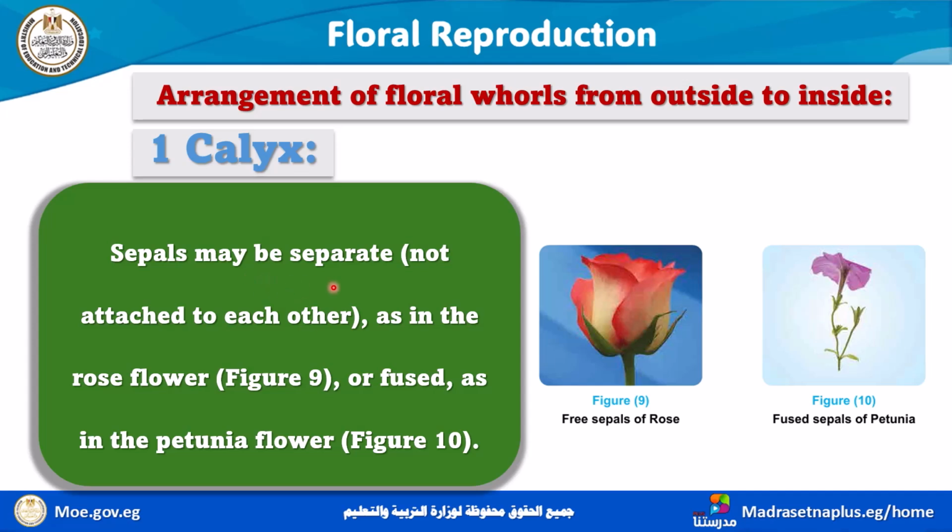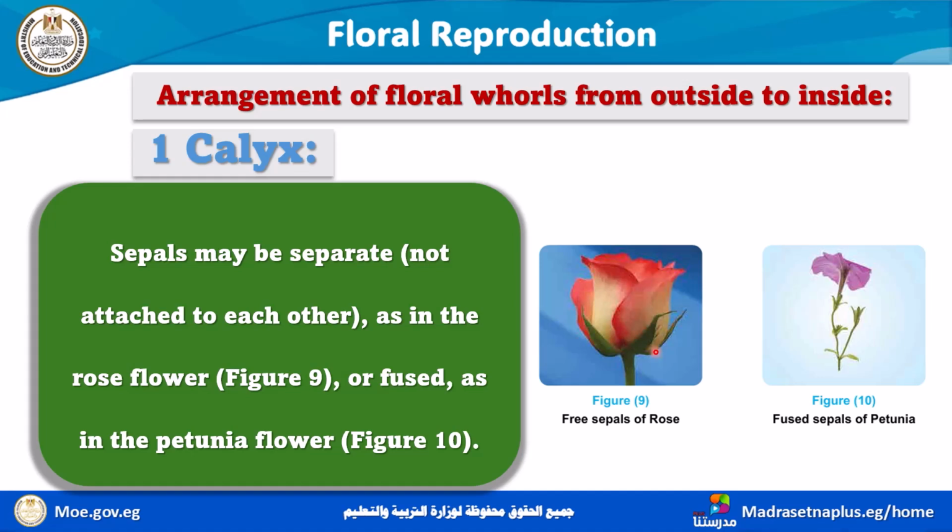Sepals may be separate. It means that they are not attached to each other, as in rose. You can see here the rose flower has sepals that are separated from each other. And they may be fused like in the petunia flower in figure 10. So we have two cases of sepals.